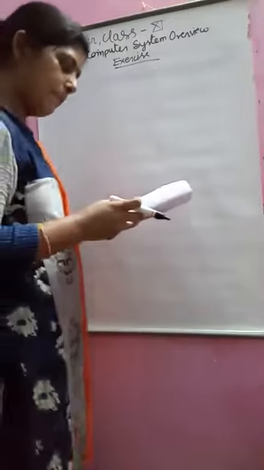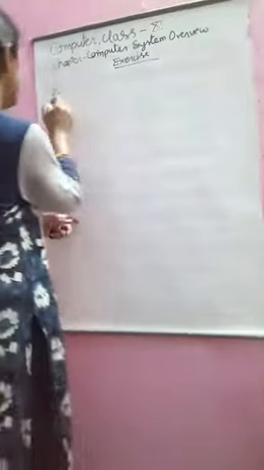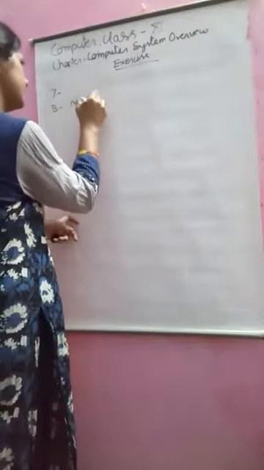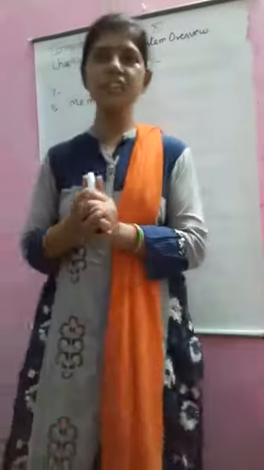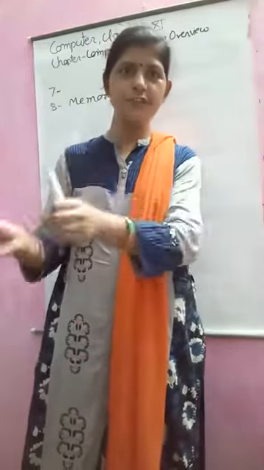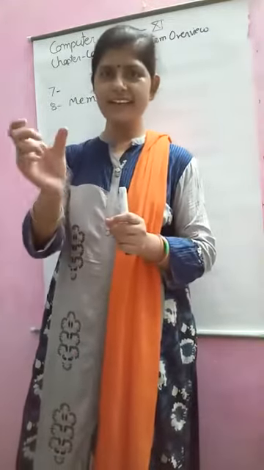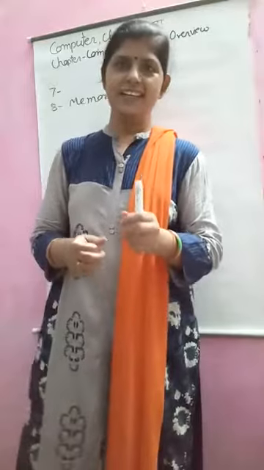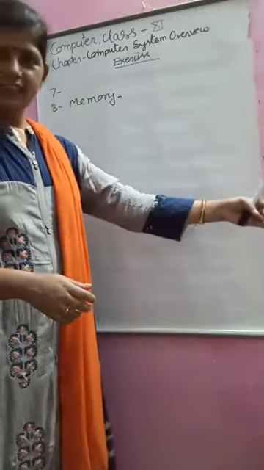What role does memory play in the function of the computer? Question number 8. Memory. Memory is the storing device. Storing device means you have to store the data in the memory. The smallest storing device is the register, then RAM, then secondary storage device.